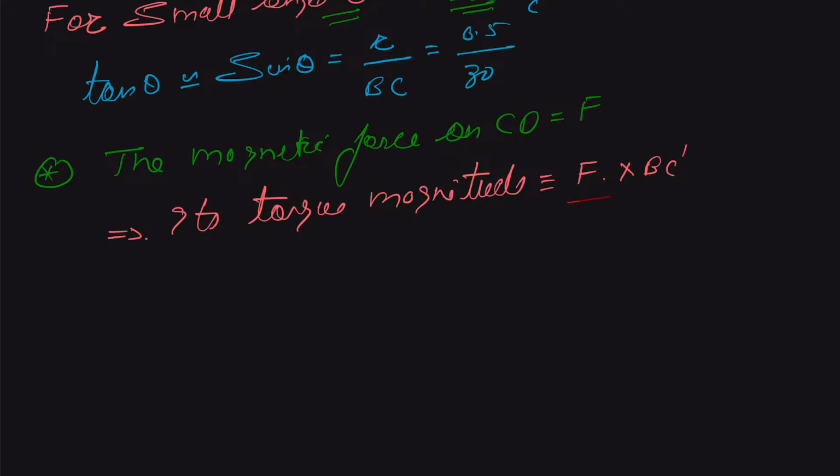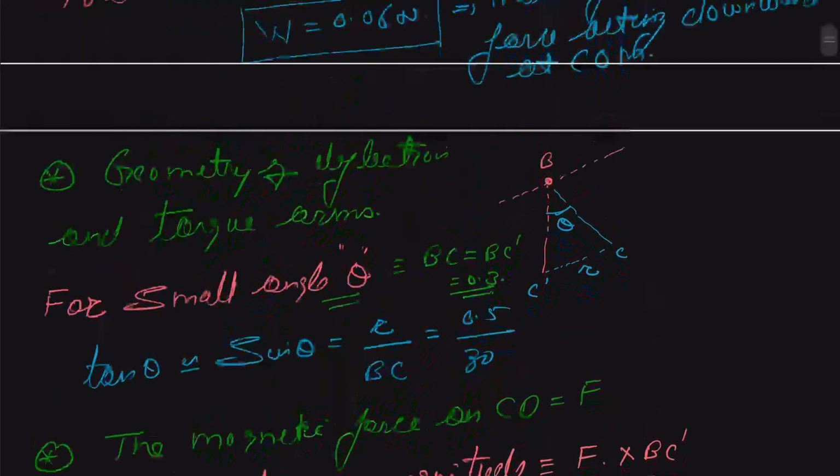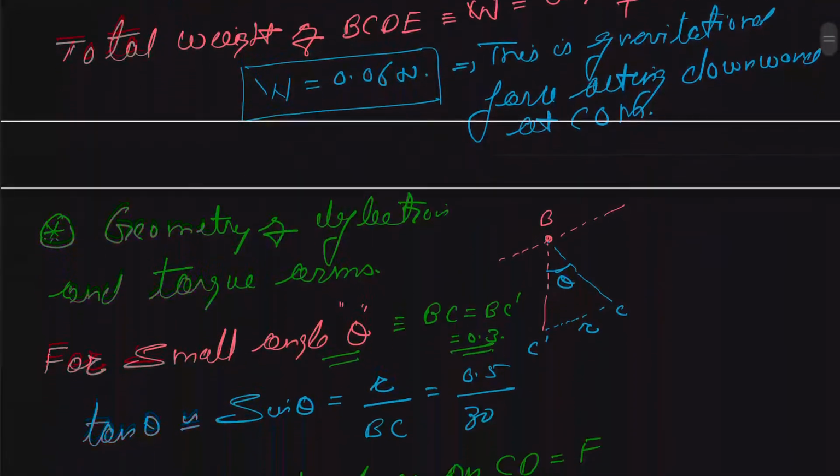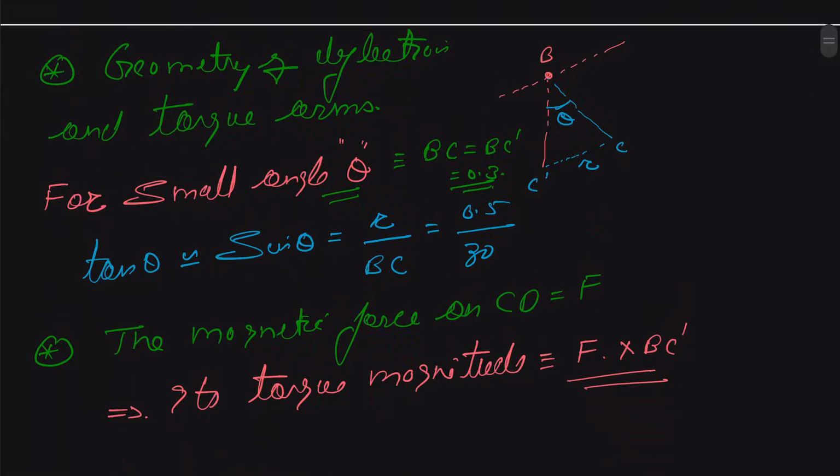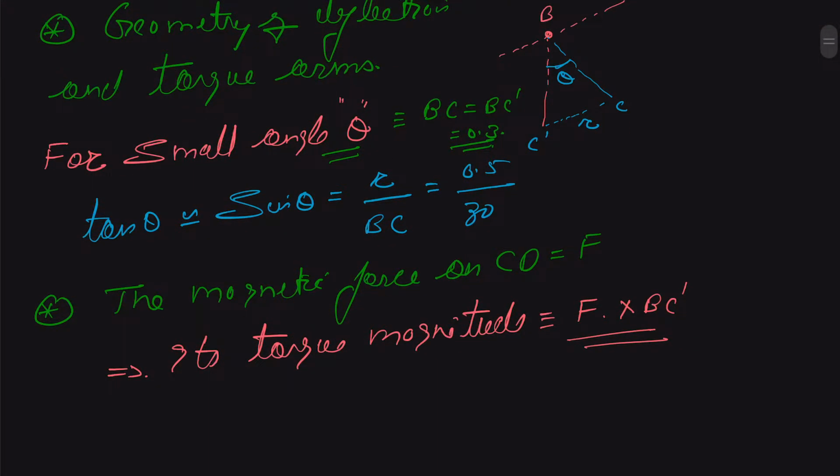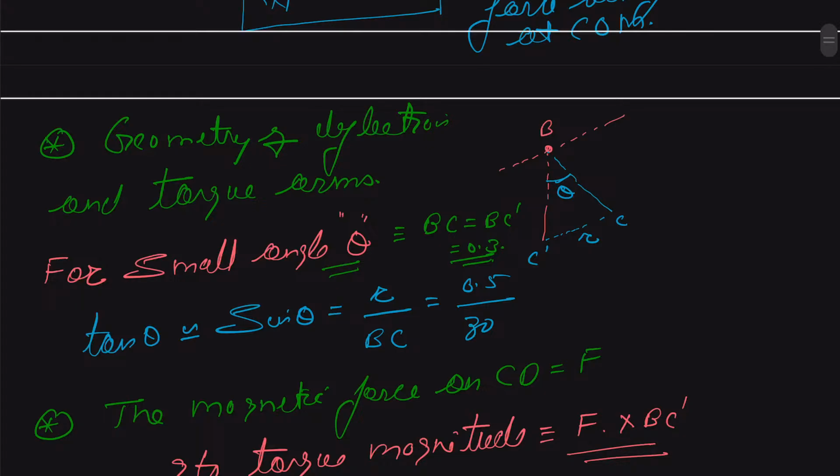And later on we can just substitute the value. And we have a mass W, and that is acting in the downward direction at the center of mass. So this PC, if you look from the side, this will be our weight W.